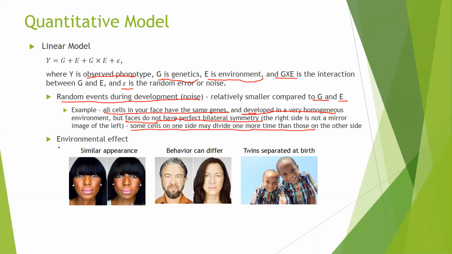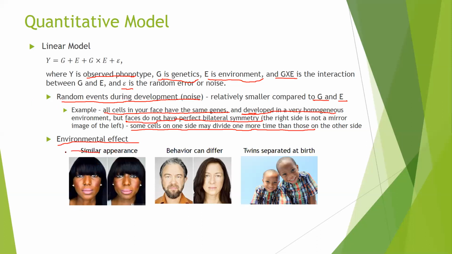and the environment. So we also need to consider the environmental effect, because sometimes the environmental effect may play a major role in the phenotypic variability. For example, if we look at identical twins, they have exactly identical genetic makeup.